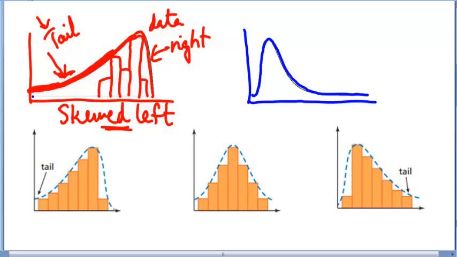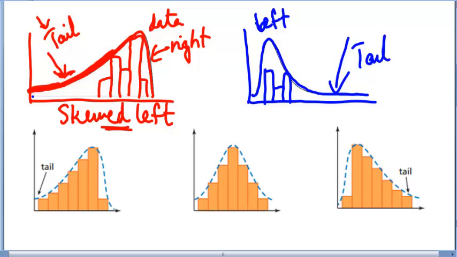If you plotted the data, it could be a dot plot or anything, most of the data is to the left of the graph, and this is the tail. It's sloppy on the right, so this is called skewed right. That's the goal in this lesson, to figure out if the data is symmetric, skewed to the left, or skewed to the right.